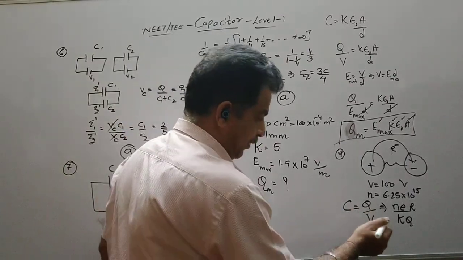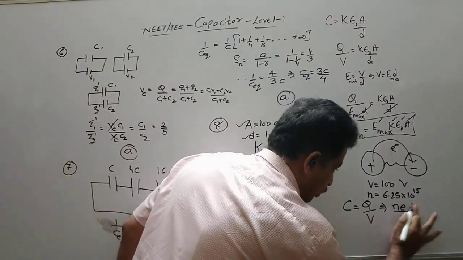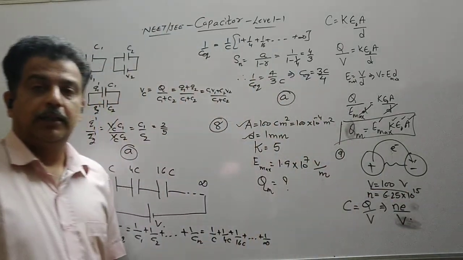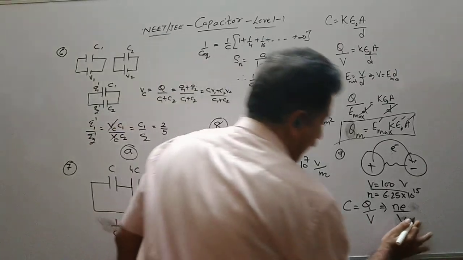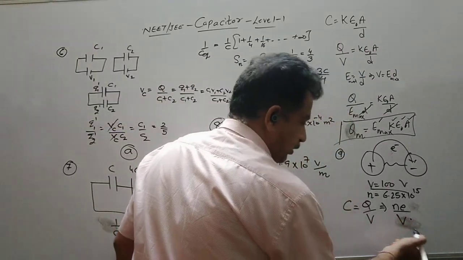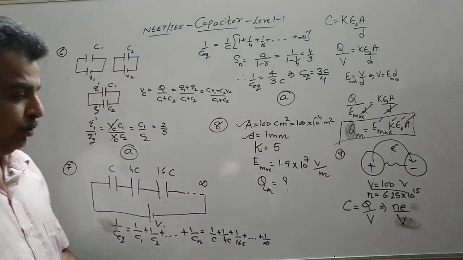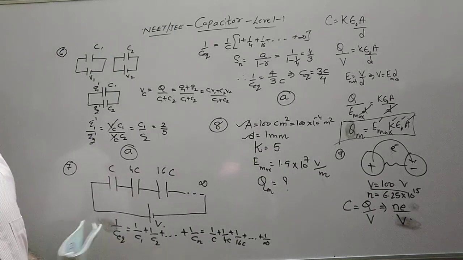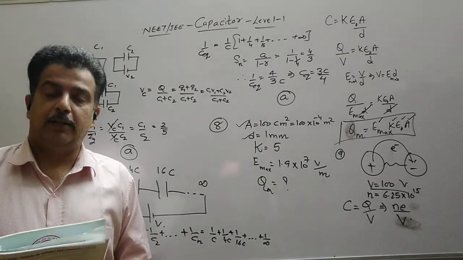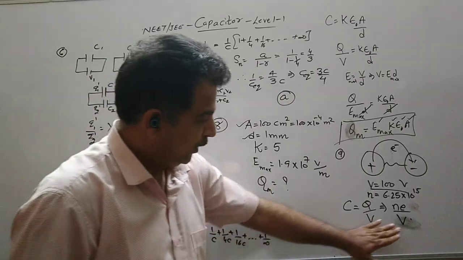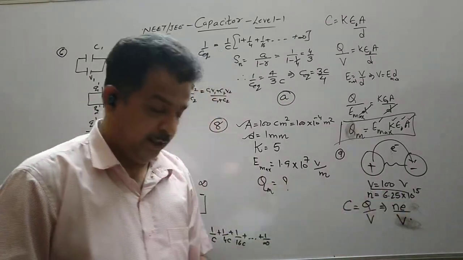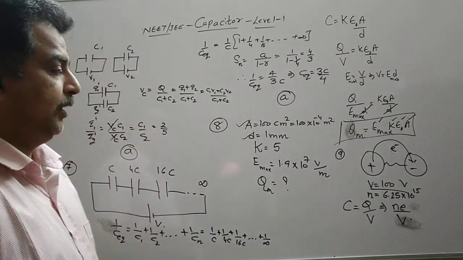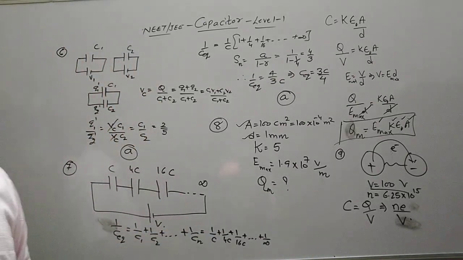C is equal to NE upon V. V is already given to us, so it is direct. If V is not given, we can take the help of the potential of the sphere, that is KQ by R, but that is for an individual sphere. So directly I write V here because V is given. You substitute all these values and find the correct option.